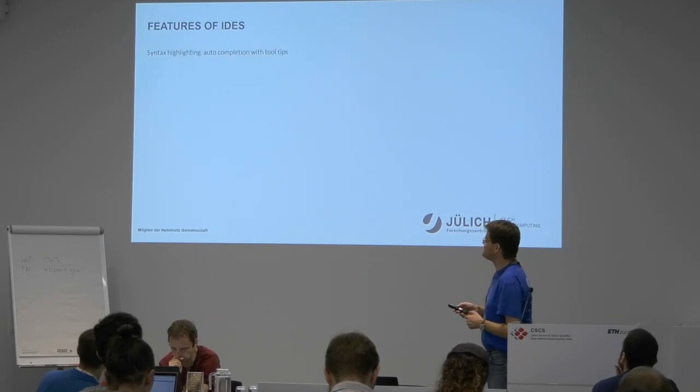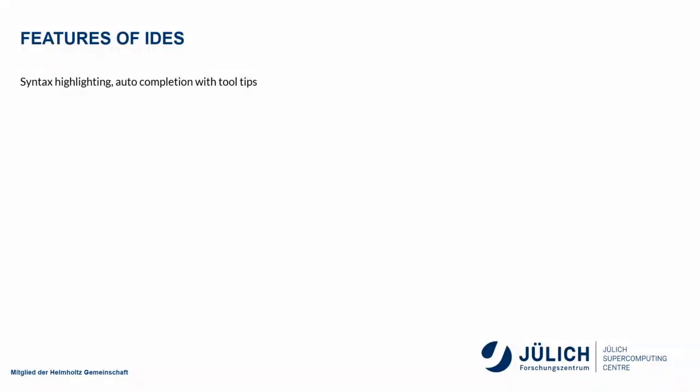So there are some features that I expect in an IDE. Syntax highlighting and auto-completion with tooltips in some form I want to have in an IDE. I expect a tree view of the files, methods, and variables, or at least the ability to display something like that. I should be able to run my Python code directly from the IDE, and I also should be able to debug it from the IDE.